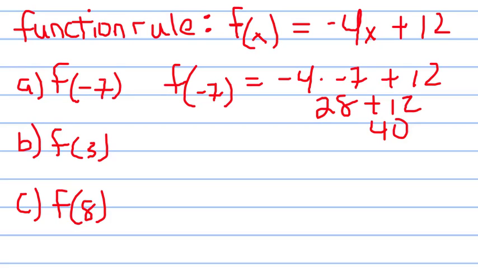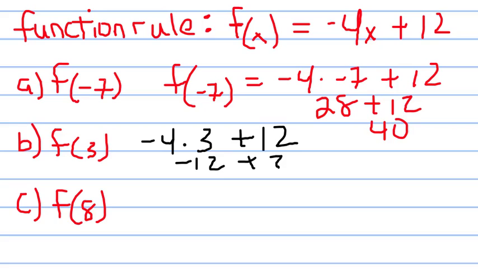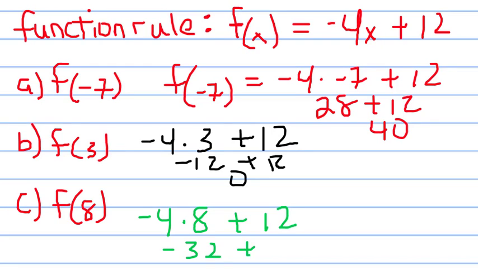Okay, f of 3, you're going to get negative 4 times 3 plus 12, which is negative 12 plus 12, which equals 0. And for the function of 8, negative 4 times 8 plus 12, negative 32 plus 12, the answer is going to be negative 20.